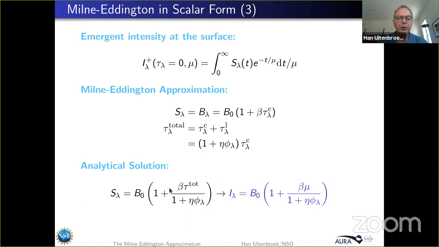And substituting this expression into this formal solution, we can actually calculate the exact solution. And it is this. The emergent intensity is B0 times 1 plus beta mu divided by 1 plus eta phi.